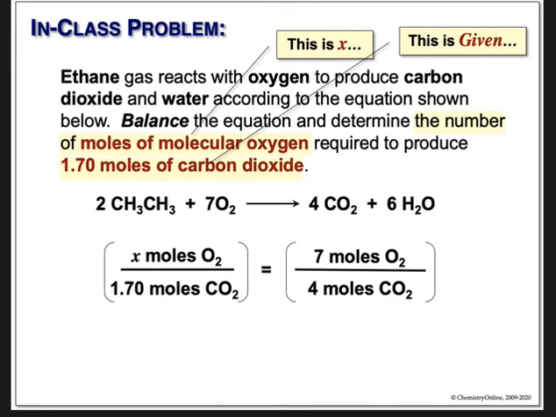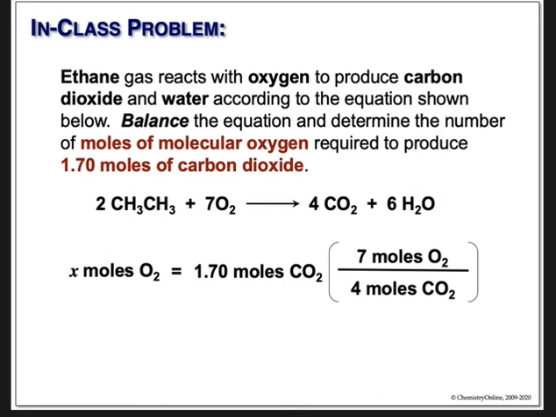Now once again, the shorthand on your calculator, 1.7 times 7 divided by 4 gives you your answer. This makes it so much easier. If you multiply it out, same thing. Moles of CO2 cancel. 1.7 times 7 divided by 4.